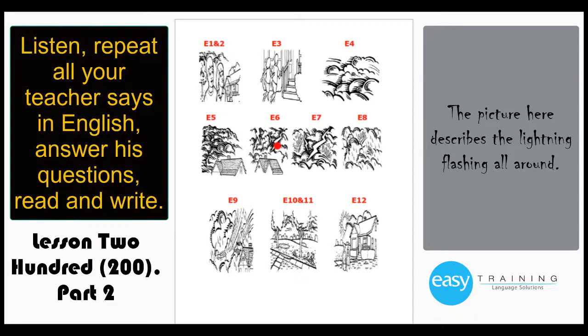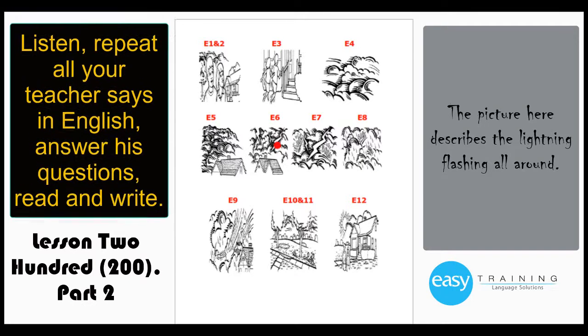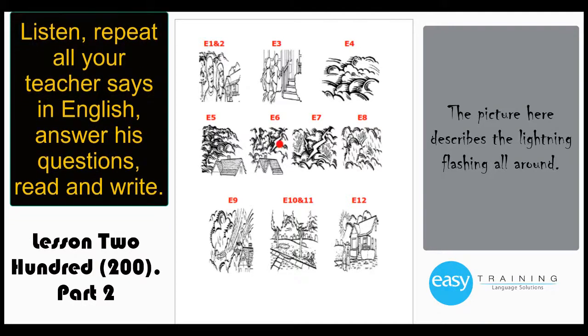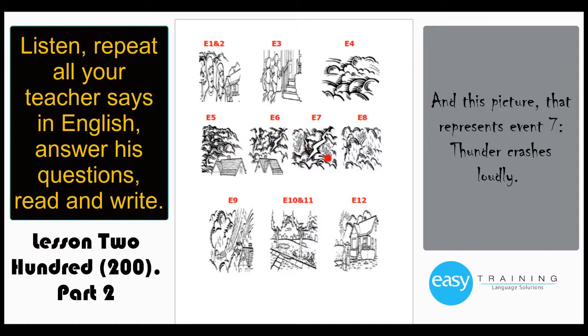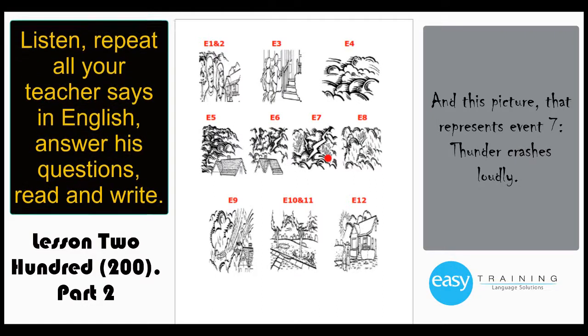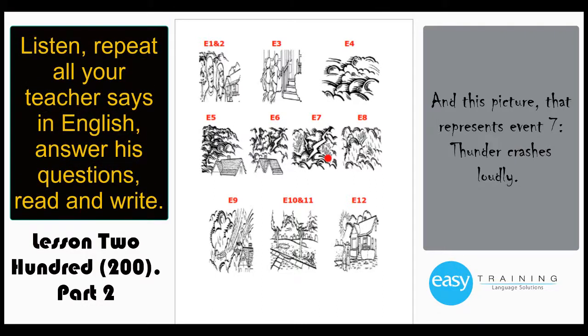The picture here describes the lightning flashing all around. And in this picture that represents event 7, thunder crashes loudly.